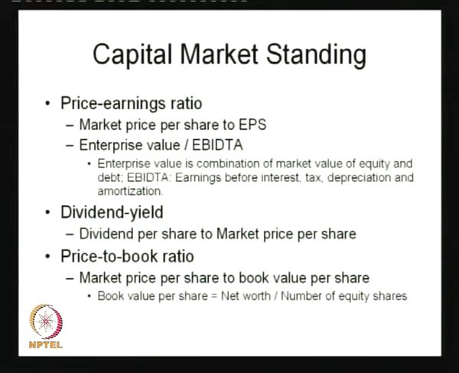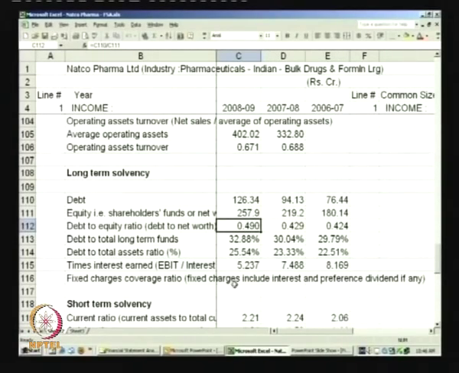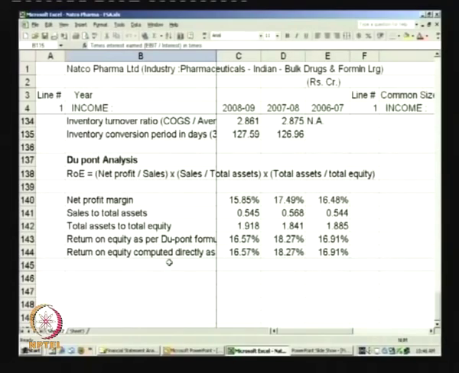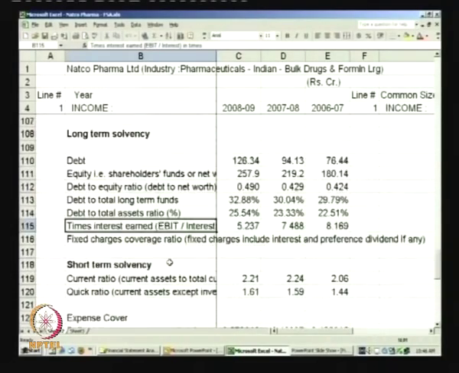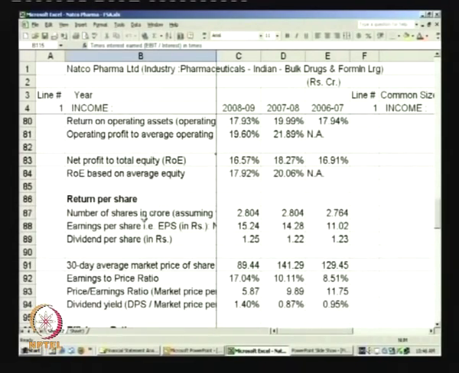If you look at our example, we have earnings per share of this company as 15.24, and the 30 days average market price prior to March 31st is 89.44. So, 89.44 divided by 15.24 gives us a price earnings multiple of 5.87.